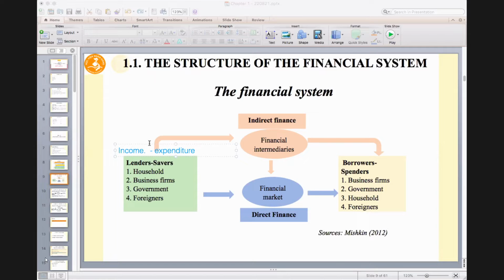When the income they generate is more than the expenditure, they will have more money to save, and they will be the saver.